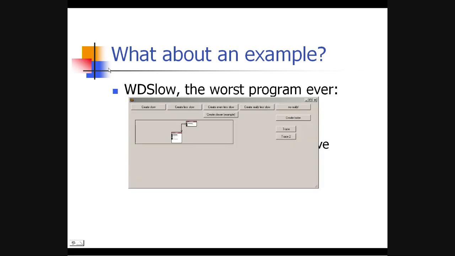So, here is a quick presentation of WD Slow, the worst program ever. As you can see, there's a series of buttons, and starting with the create slow button, I coded a small process. It doesn't do anything useful.